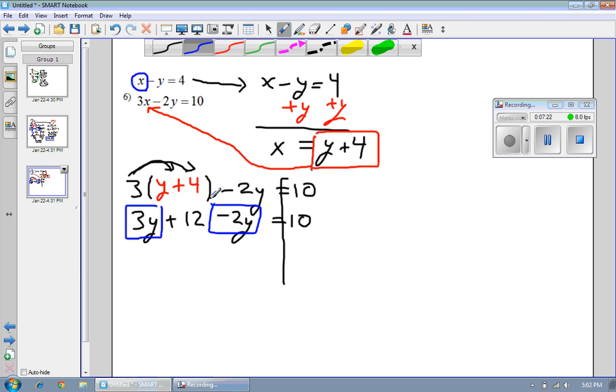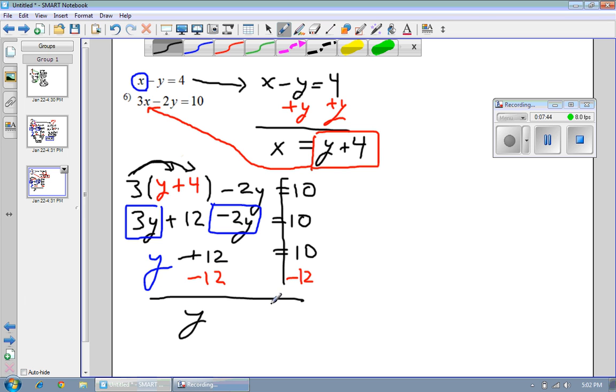We're allowed to add those up, or in this case, subtract them. 3y minus 2y is just 1y, also known as just the letter y. But did I do anything with that 12? No, we keep it. y plus 12 equal to 10. One little algebra step left, minus 12 to both sides. We get y is equal to negative 2.